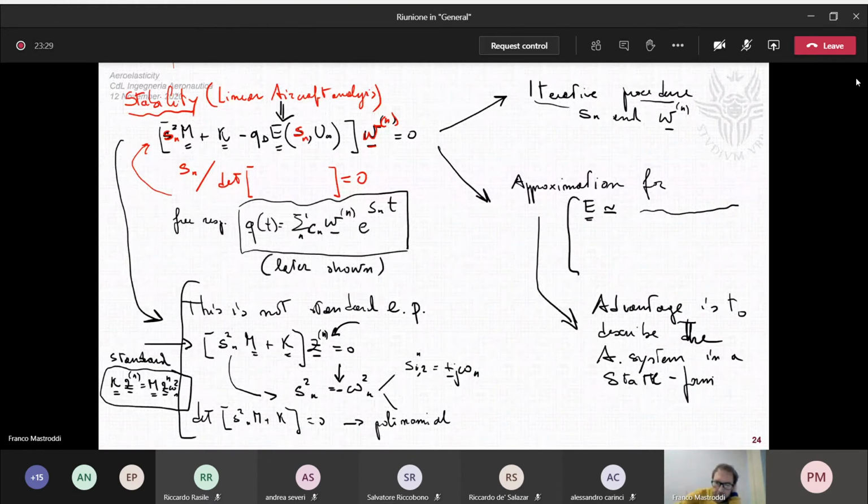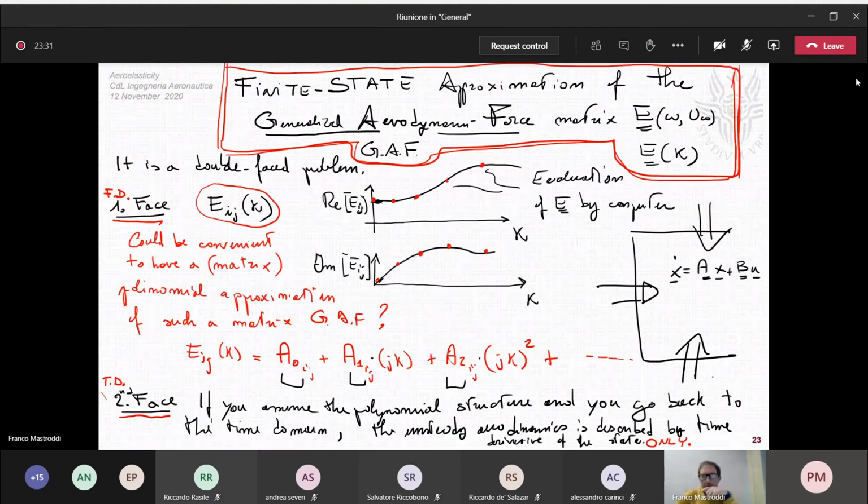Here we want to express our aerodynamic matrix in the frequency domain by using an expansion in the reduced frequency.